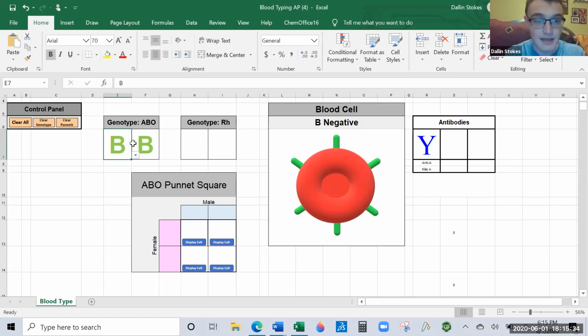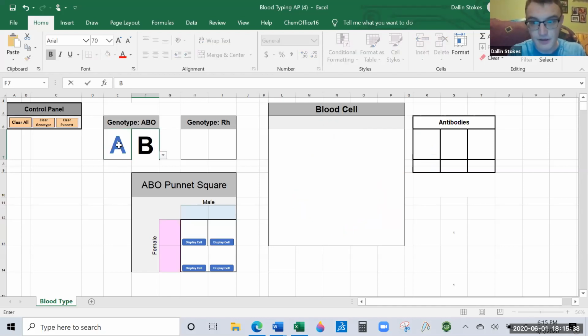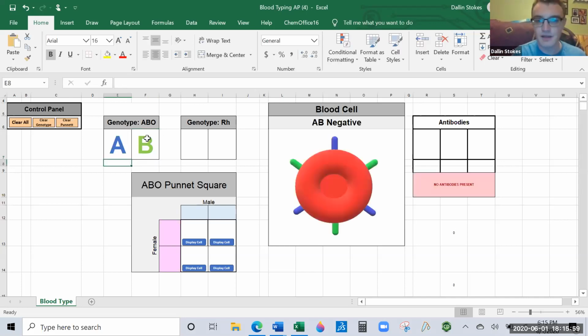Now, what happens if you get an A allele and a B allele? Before I hit enter, let's think about this. The A allele is going to make an A-type stick and poke it on the outside. The B allele is going to make a B-type stick and poke it on the outside. So what types of sticks do I have poking on the outside? I have both.